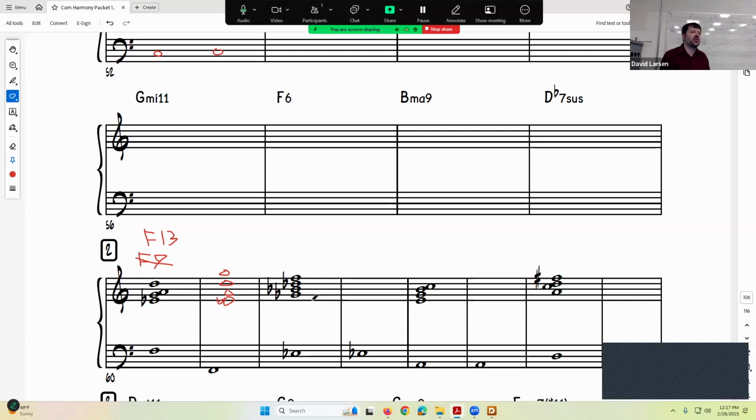Now, in terms of the reason we choose open versus closed, that's typically dictated by the instruments, by the size of our hands as piano players, or by any other kind of musical factor. For example, guitars have a really hard time playing closed voicings because the strings are a fourth apart.